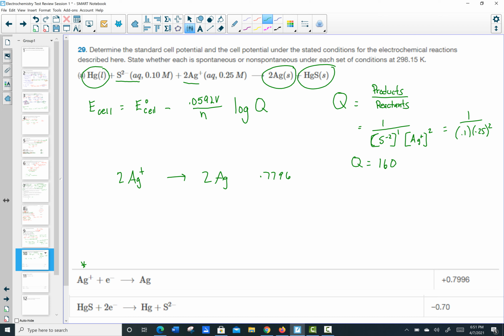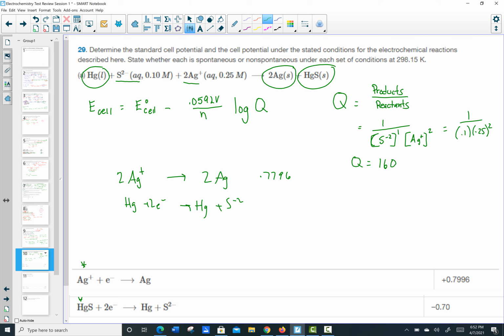Now on the product side, we have solid HgS going into the molecular form of mercury and sulfide. And so the next half reaction would look like HgS plus 2 electrons, giving Hg and sulfide.